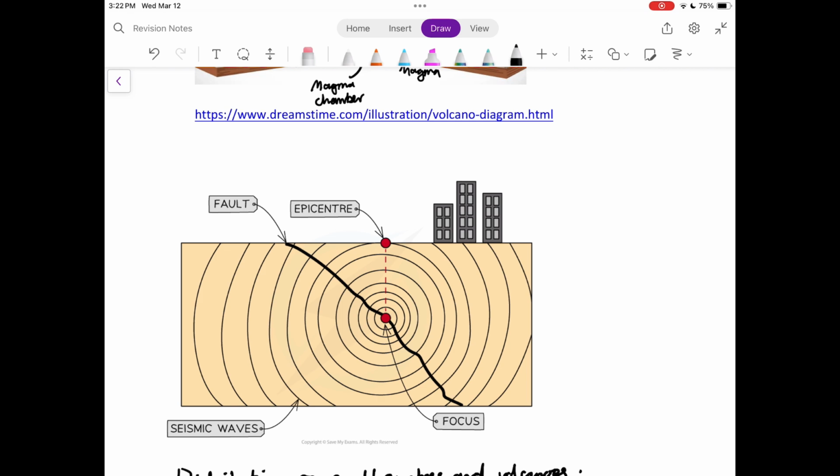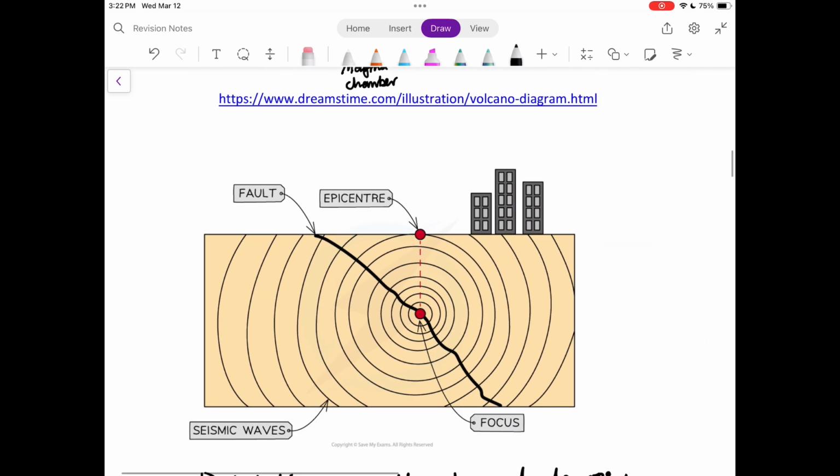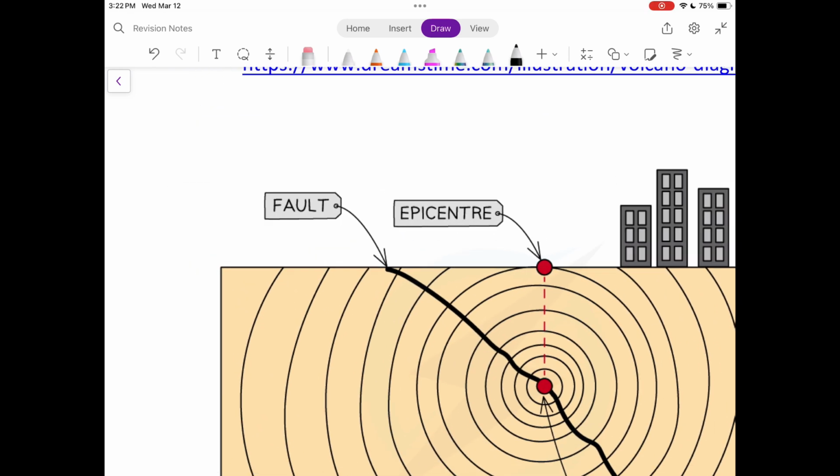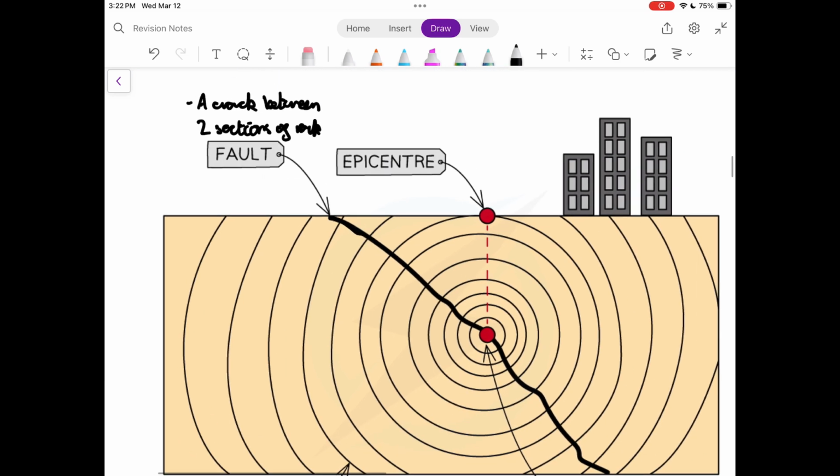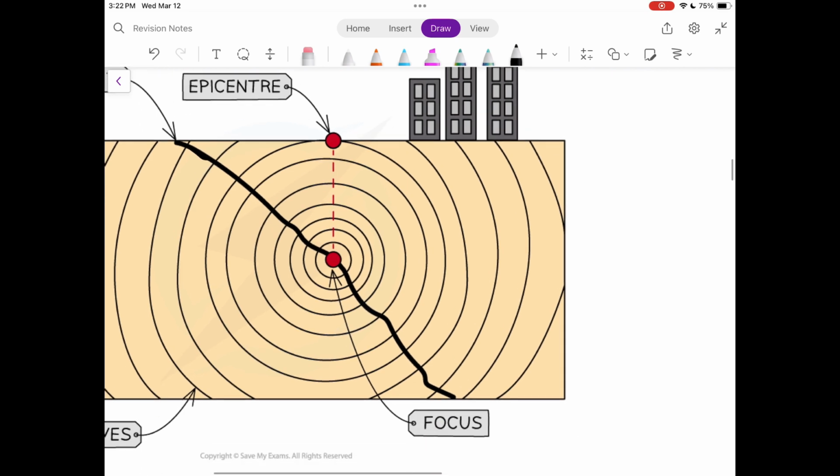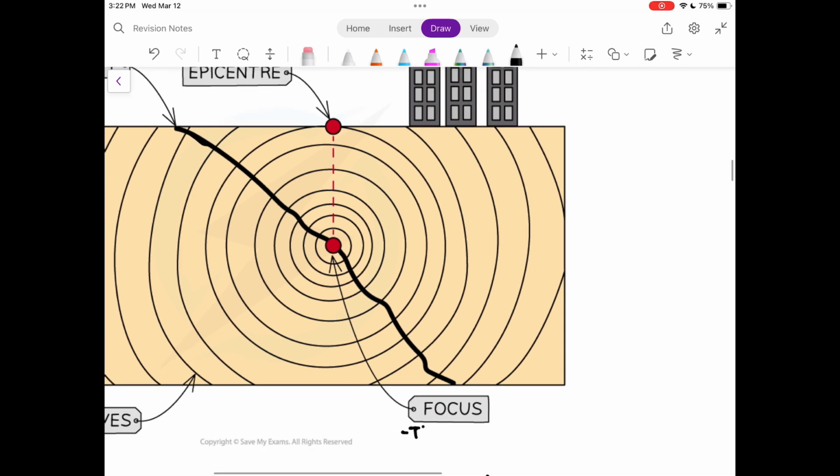Next we're going to be looking at the features of an earthquake. So here we have the fault, and this is a crack between two sections of rock, as you can see here with this thick black line. Next is the focus, which is the point at which earthquakes occur.